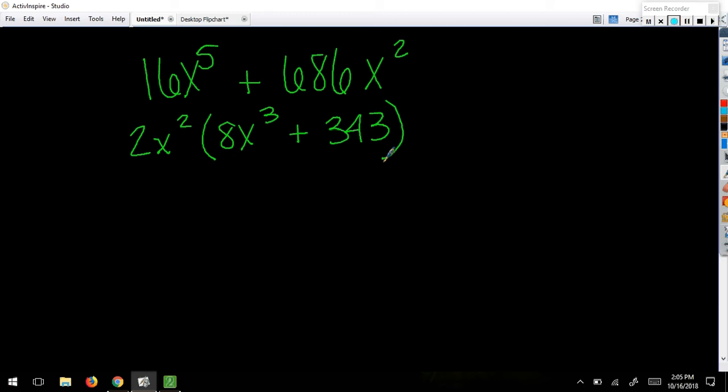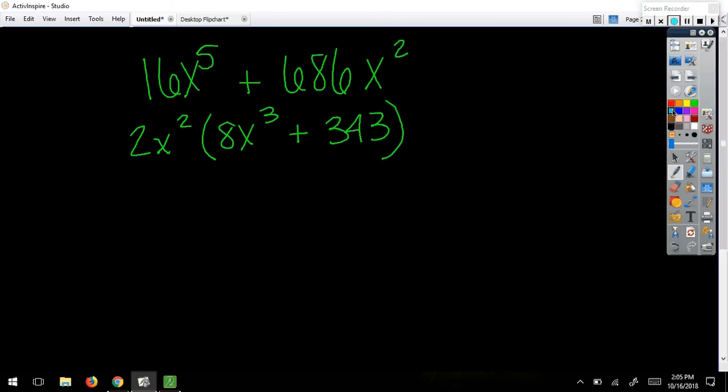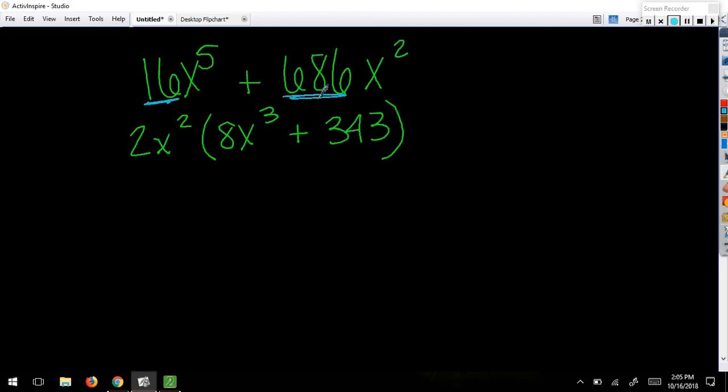Does everybody see where those numbers are coming from? The biggest number that you can divide 16 and 686 by is 2. That's the biggest thing that'll go into both of them without a remainder. Then I look at the x's.